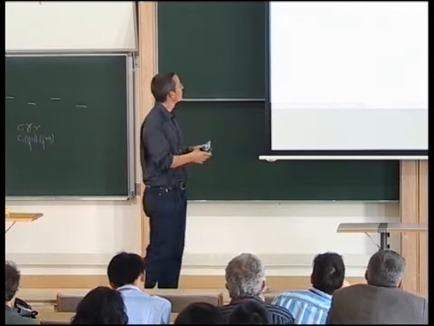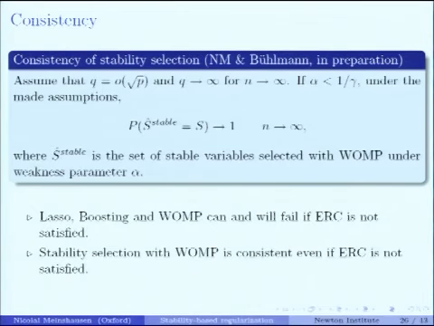So if you have Q of smaller order than square root of P, and the weakness parameter is small enough in some sense, which depends on the gamma, then the stability selection is going to pick exactly the right sets of variables, even though lasso and orthogonal matching pursuit are going to fail in this setting.